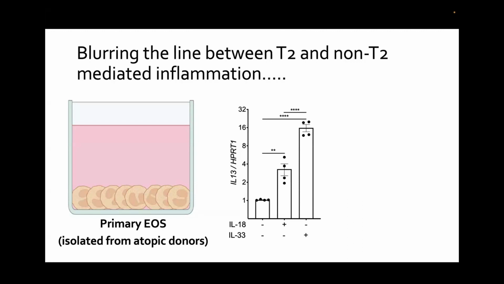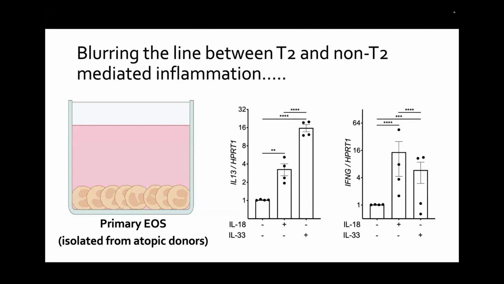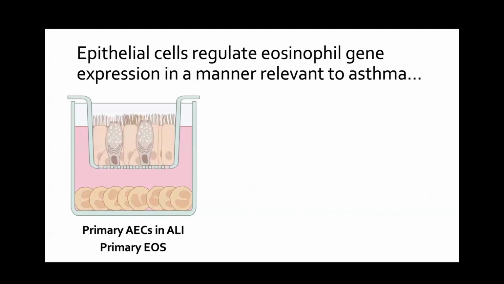So there's actually a specific IL-18 induced population of eosinophils that have been identified. And then again, interferon gamma, not surprising for IL-18, which is a regulator of interferon gamma. But IL-33 itself, a T2 signal, is inducing interferon gamma in eosinophils.